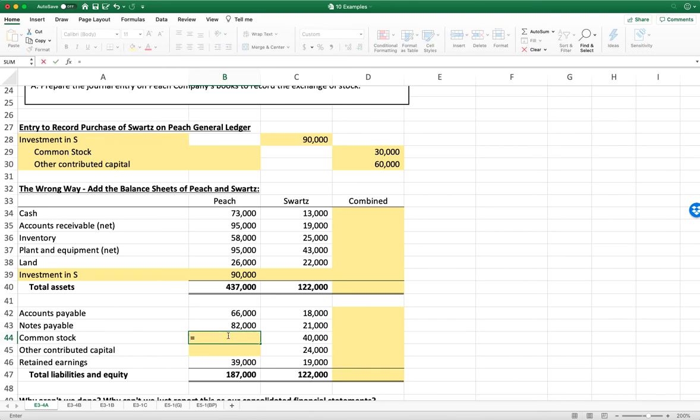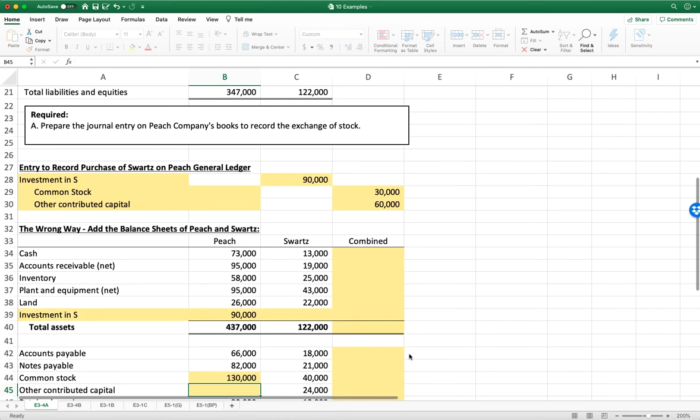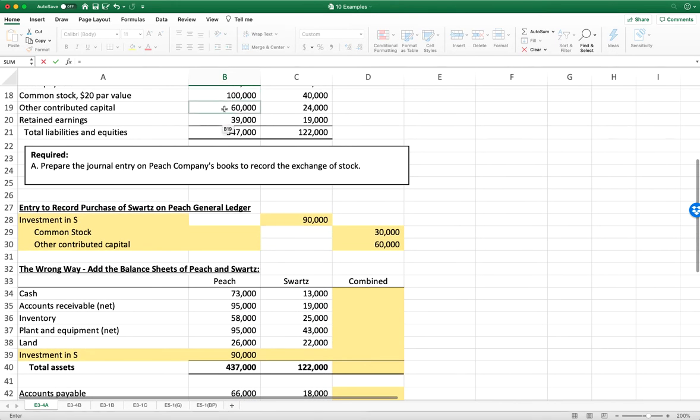So common stock already existed. There was a $100,000 balance in common stock, and we are adding to that because a credit increases an equity account. We are adding to that an additional $30,000, which means our common stock would be $130,000 after this journal entry. And then same thing for our other contributed capital. We already had $60,000 in there. We are adding an additional $60,000 to it.